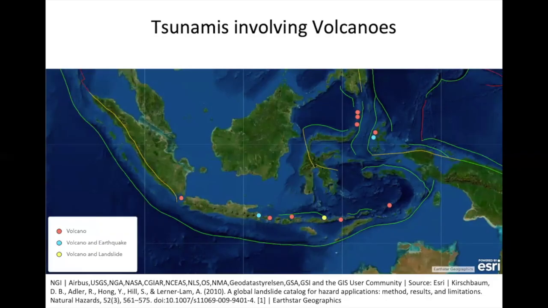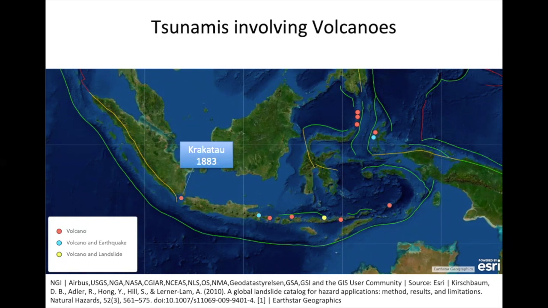This map shows tsunamis in Indonesia that were generated by volcanoes or volcanoes in conjunction with another hazard. One example is the 1883 eruption of Krakatau, which was a devastating event, killing an estimated 36,000 people with associated tsunamis, pyroclastic flows, and ash.